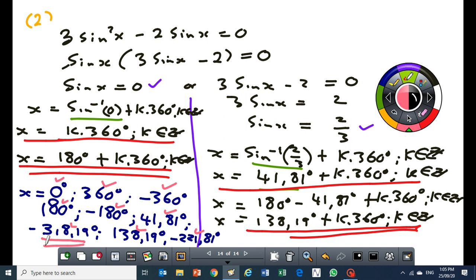Then you say minus 2 sine 318,9. This is how you put it in the calculator. You're getting 0.